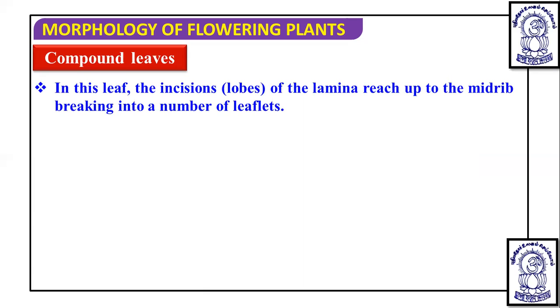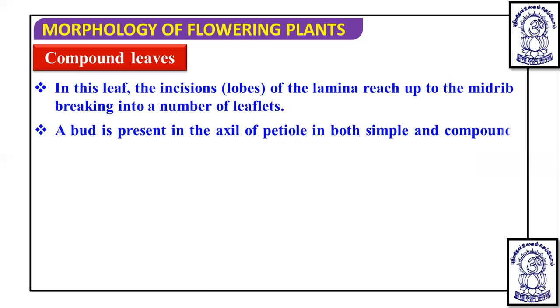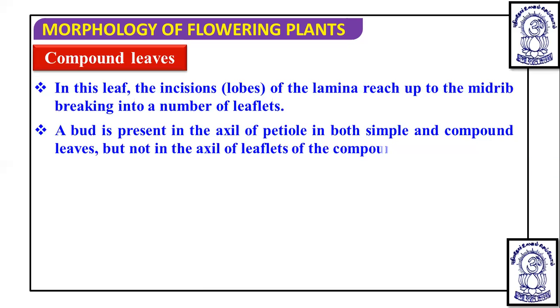And when it reaches the midrib, the whole lamina will be divided into parts, and these parts are known as leaflets. Now, if we want to differentiate between a leaf and a leaflet, then in the axil of the leaf you will see the presence of a bud, that is the axillary bud. So a bud is present in the axil of the petiole in both simple and compound leaves.